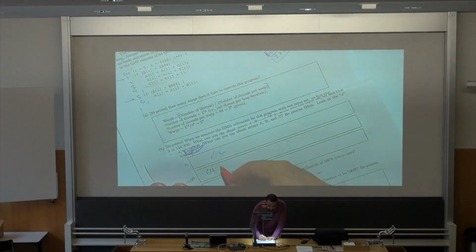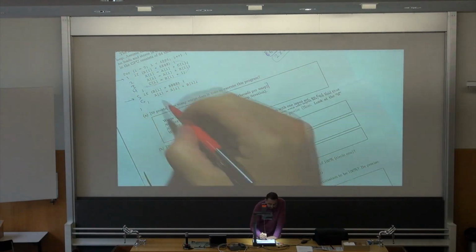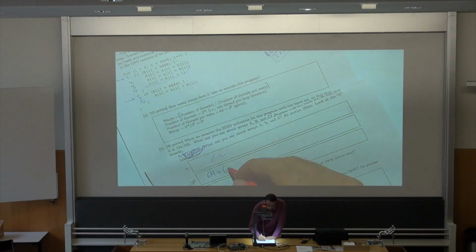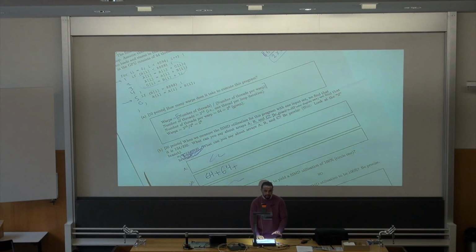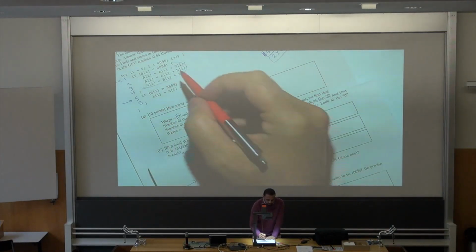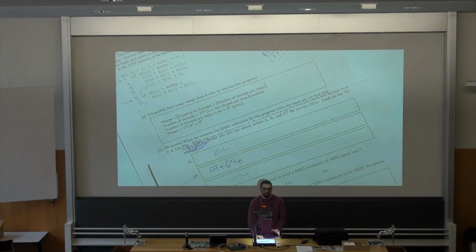So the first one will be executed 64 times, plus instruction 5 will again be executed by all threads. Plus, now we agree that we will always visit this block. And it has 3 instructions, but we are not sure how many of those threads will go into those 3 instructions and execute them.